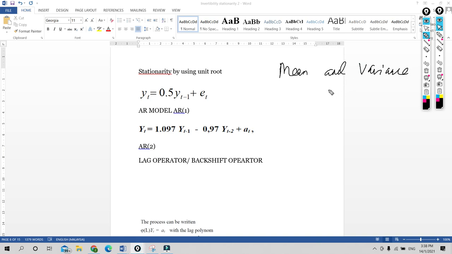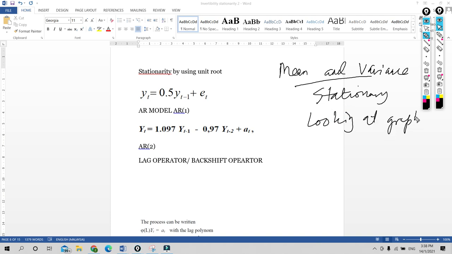So to decide on a stationary time series, look at the graph. Or you can use the unit roots method.